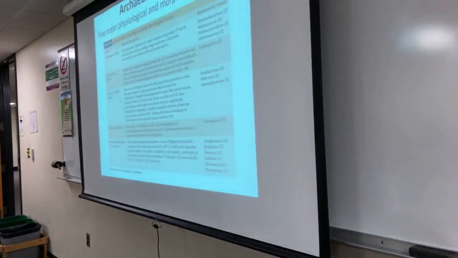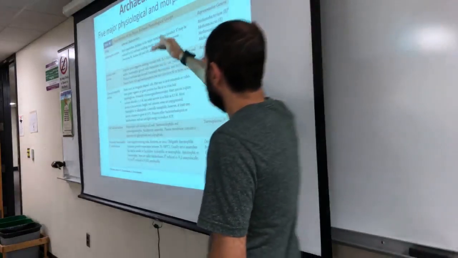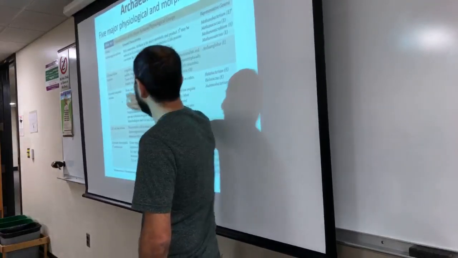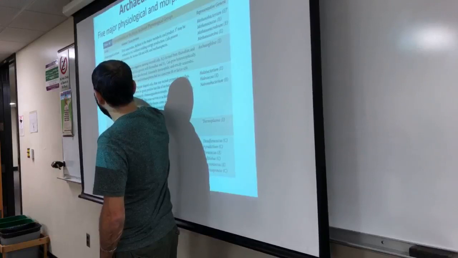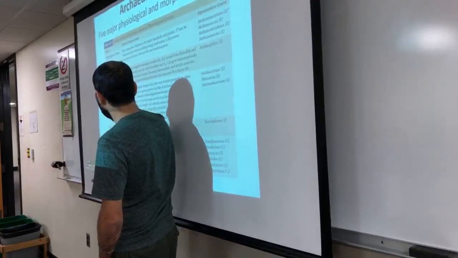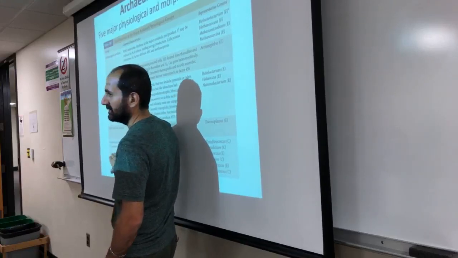So, do you remember the difference? The Euryarchaeota can be any of these types of archaea. Remember this? Some of them are methanogenic, some of them are sulfate reducers, some of them are halophilic, some of them are cellulose degraders, and some of them are sulfur metabolizers.